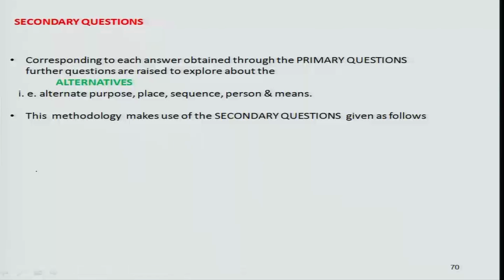The secondary questions come when, corresponding to each answer obtained through the primary questions, you raise some questions which explore the possible alternatives. So, it may be possible that in somebody's mind, through the primary question, an alternative of combination comes up. I just mentioned the combination of two different inspection stations, or two different inspection routes which are possible after machining A and after machining B individually, or combining machining A and B together and then inspecting the whole machined part.